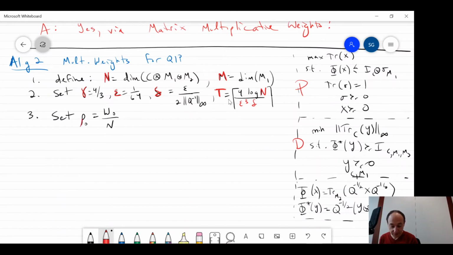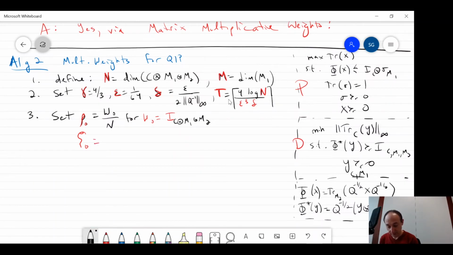And I've written W0 for a reason now. It's basically the identity to start with, but later, of course, we're going to update it, and that's why I didn't bother writing identity. I wanted it to be clear that this is the very first choice of W. Okay, and I'm actually going to need another operator, which is going to be this zeta 0.